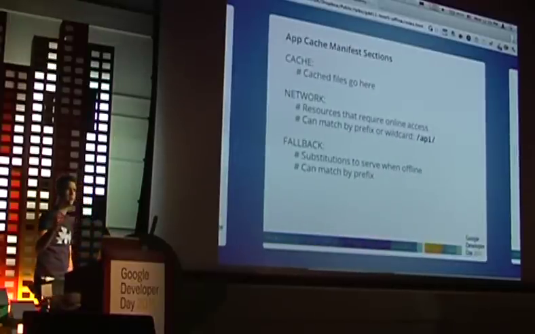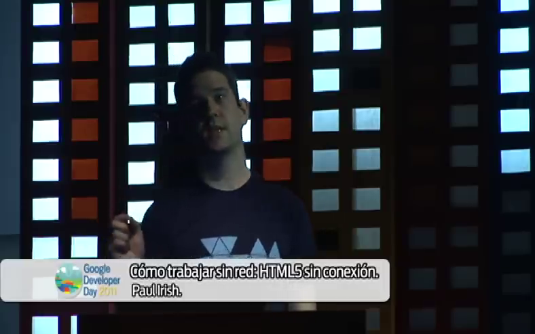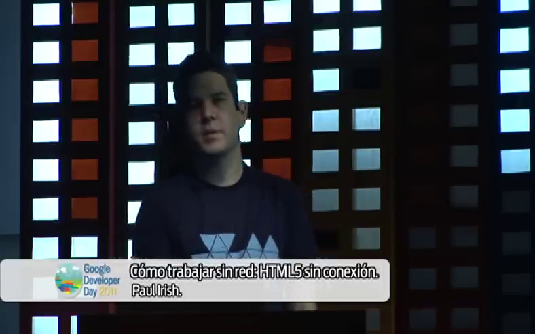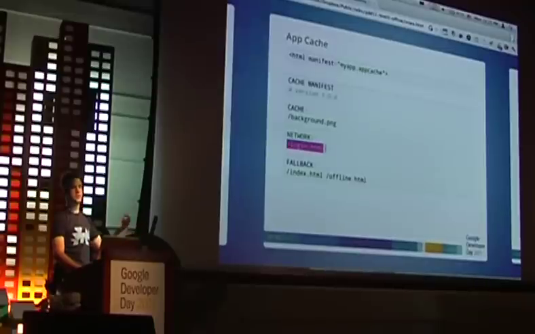Network is a little bit different. Network says, regardless of any other mechanisms, I want the resources that are listed here to be requested online. So this is normally going to be things that absolutely require online access, like you're accessing a third-party API. These can be references to your own URLs, or this could even point to another domain entirely.